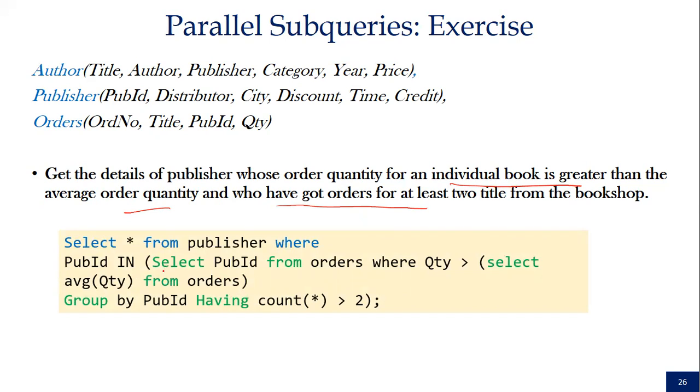One condition we have written in the where clause: select public ID from order where quantity is greater than average quantity. Getting the average quantity we have written parallelly, but another condition is running in parallel for the group by public ID. That condition is assumed as parallel. So this will be executed independently of that query. So we are writing this here as a parallel subquery.